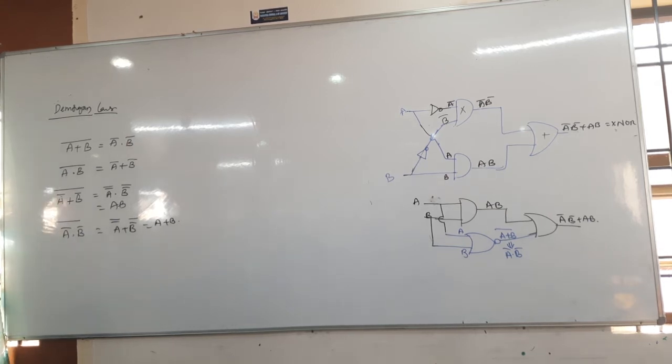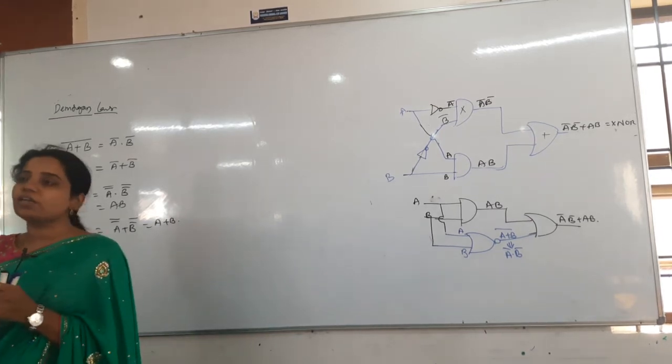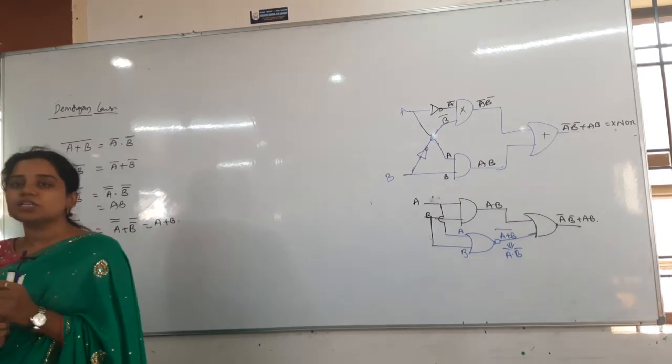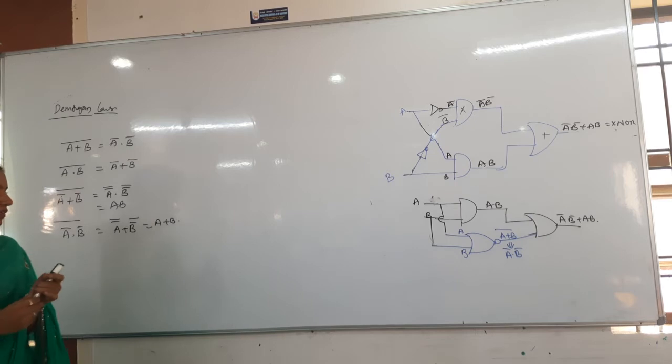By using only NAND gates in my circuit, I can make AND or NOT gates. By using only NOR gates in my circuit, I can make the AND, OR and NOT gates. So you can make any logic gate by using these two logic gates, NAND and NOR. Only those are called universal logic gates. How it is possible, we will see.